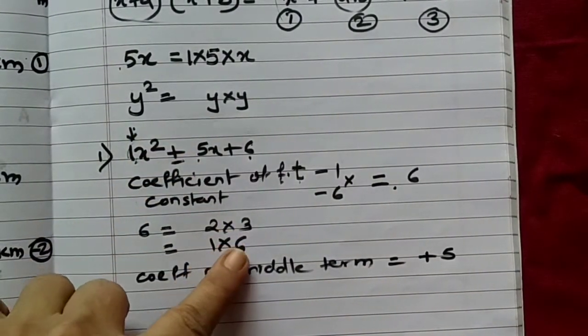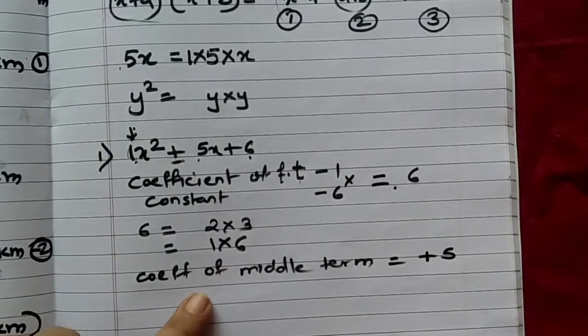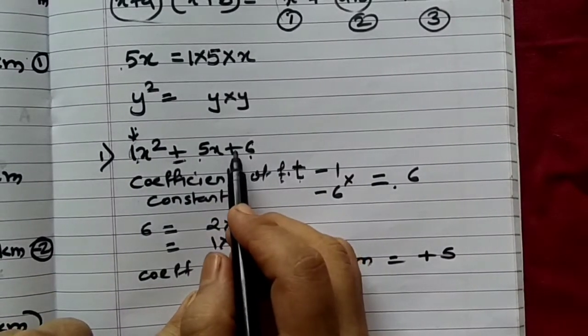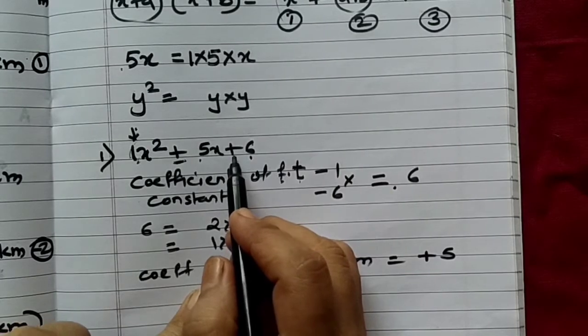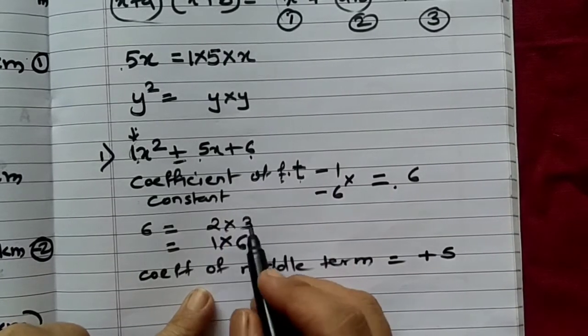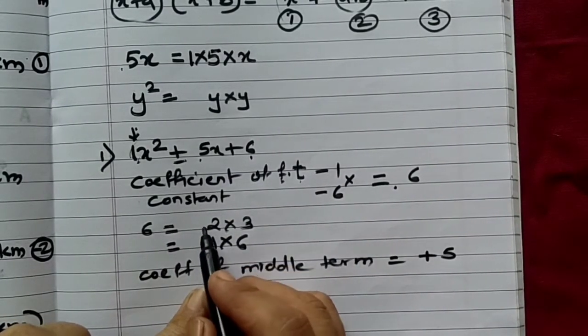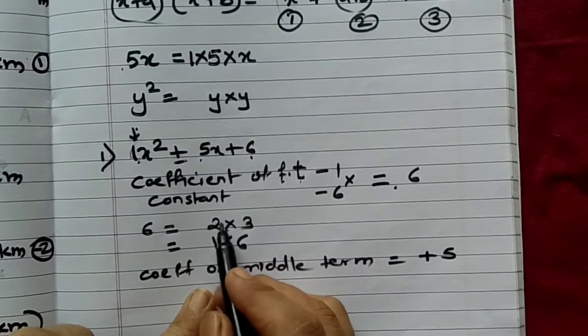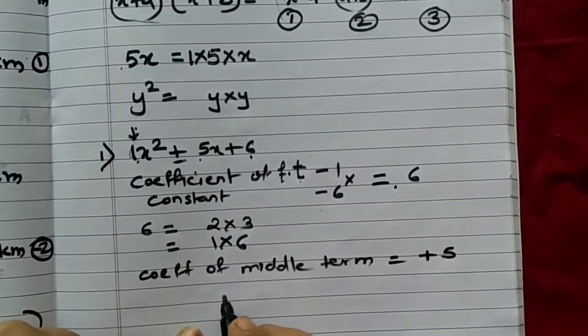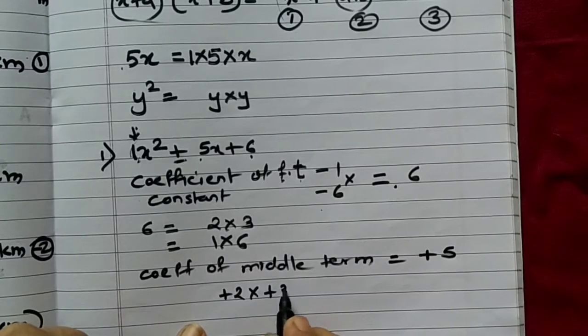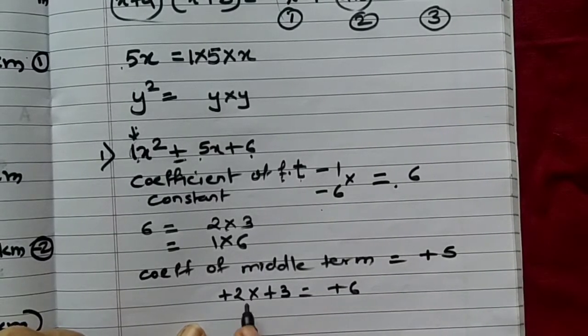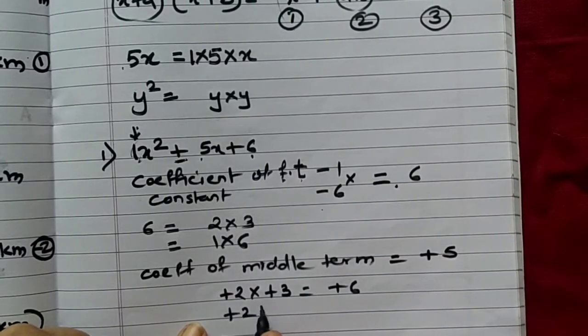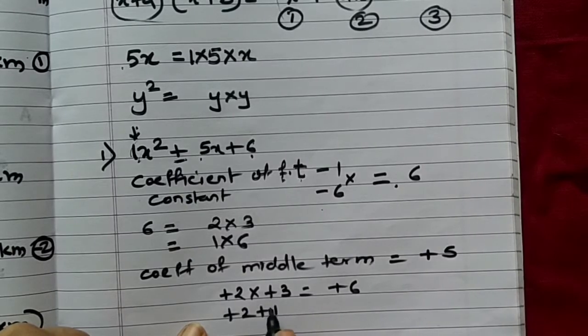So out of this, which numbers when added give plus 5? Here also we have to see the sign, plus sign. If I take plus 2 and plus 3, what will be the multiplication of plus 2 into plus 3? That will be plus 6. And what will be the addition of plus 2 plus 3?